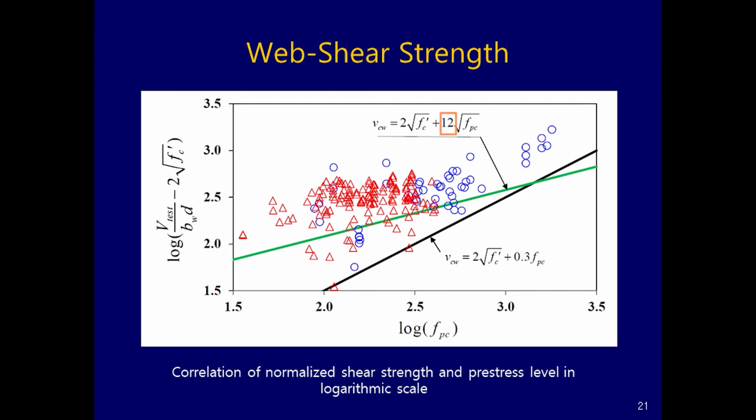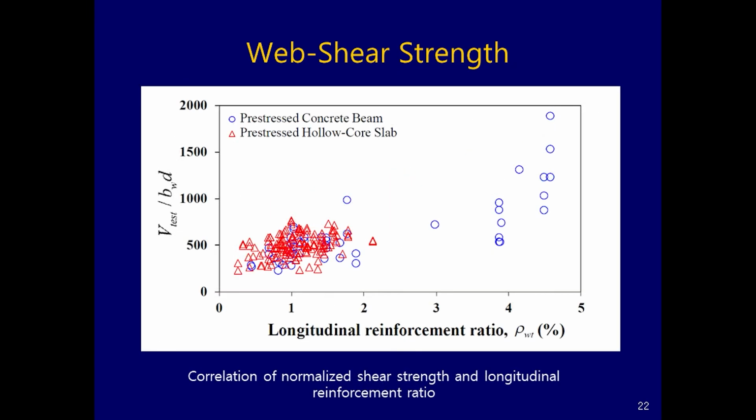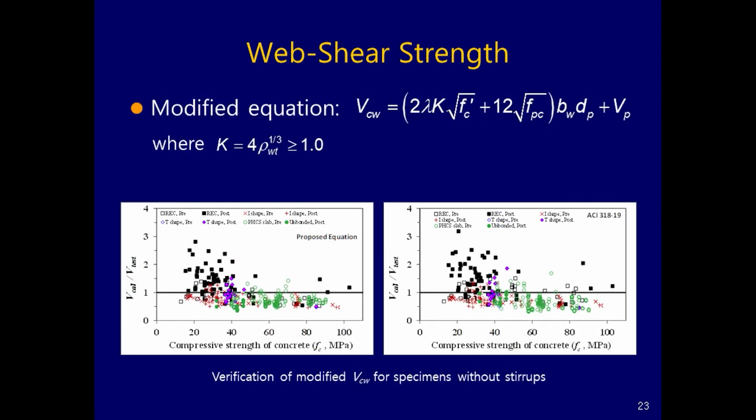So that green line better represents the database. Also, there's a certain relationship between the reinforcing bar ratio and the web shear strength capacity. So the final modification is Vcw equal to 2 lambda K square root f'c plus 12 square root fpc, times b_w d_p, plus Vp. K is the same as before.